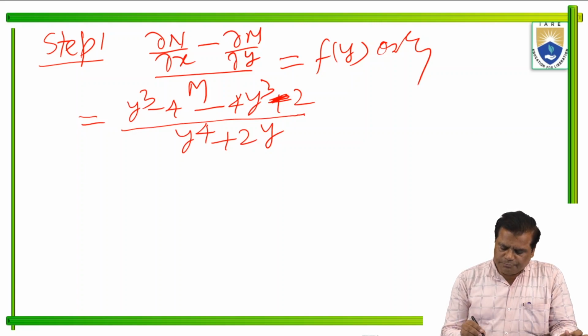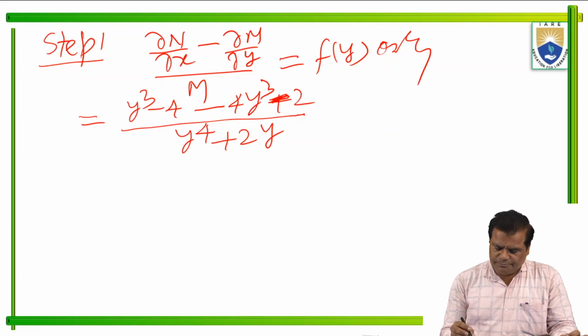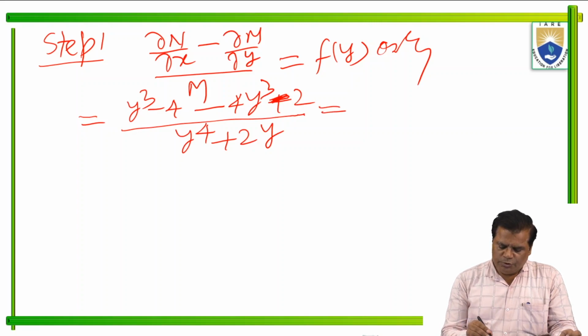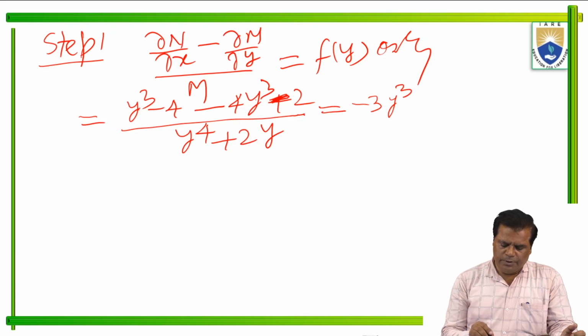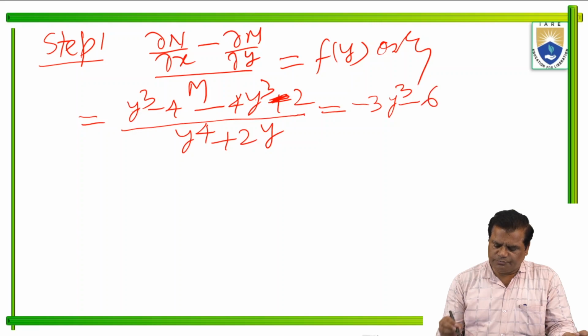So here y^3 minus 4y^3 is minus 3y^3, and minus 4 minus 2 is minus 6.